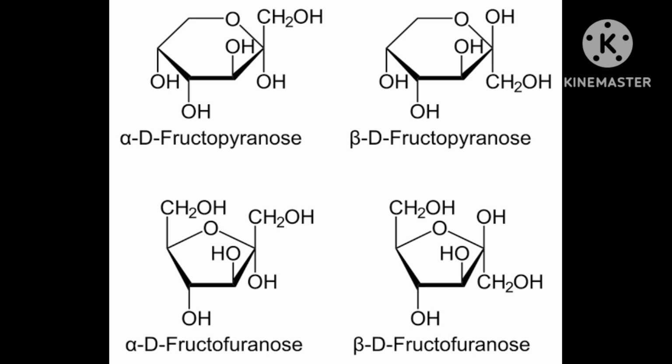But it is a 5-membered ring. You remember, 5-membered ring, this is called furan. Now this cyclic structure of fructose is matching with furan. That's why it is called fructofuranose. Fructofuranose. Don't confuse, furanose. Fructofuranose. There it was glucopyranose.